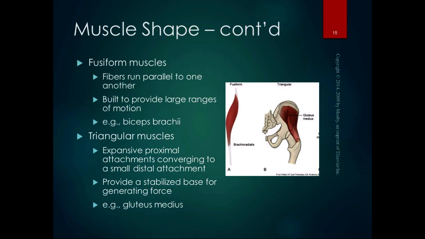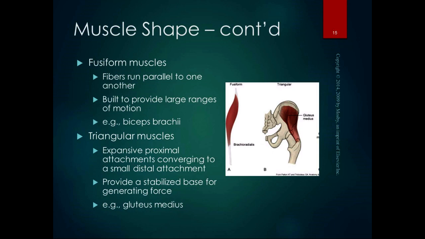Triangular muscles have expansive proximal attachments converging to a small distal attachment. That makes sense. They're like a little triangle. The fiber directions are like a fan almost. So they provide a stabilized base for generating force. Your classic example of this is the gluteus medius.